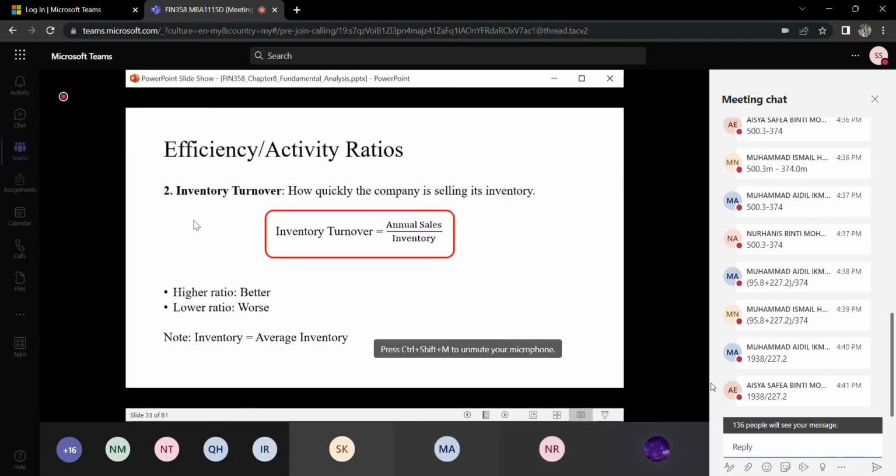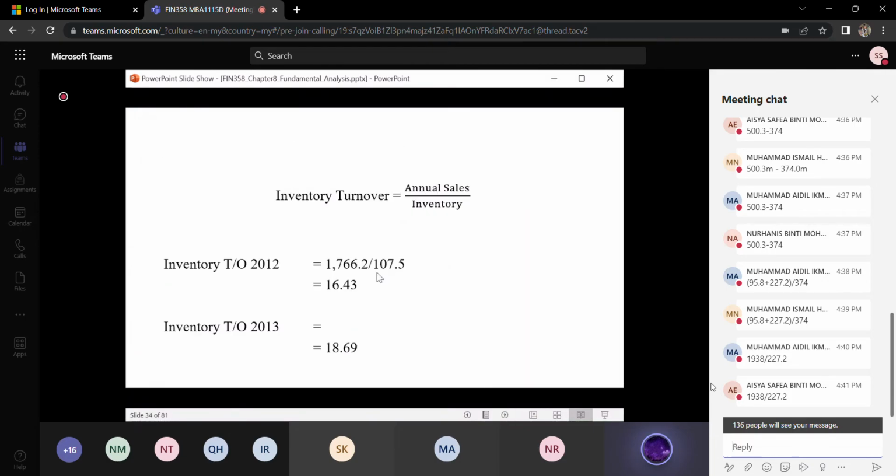Next, we have inventory turnover, how quickly the company is selling inventory. So we have annual sales divided by inventory. Sometimes we use average inventory. Again, higher ratio is better. So for example, I give you year 2012, you calculate year 2013.